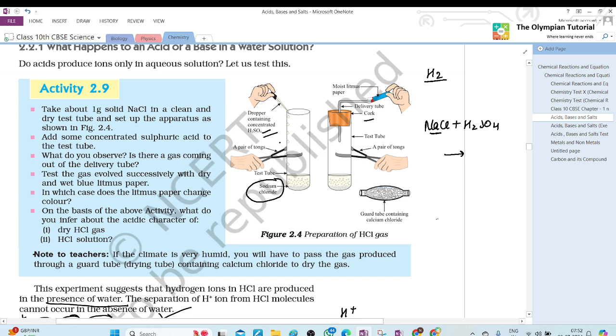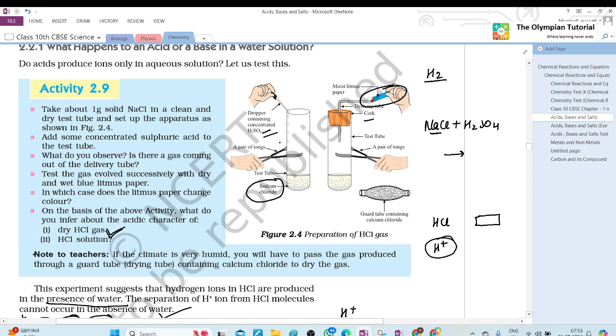Actually, what they want to say is, for any acid, when a drop is put on litmus paper, it will not show any color change. Only in one condition it can show color change, when hydrogen ion is released. So if the gas is dry HCl gas, there is no change in litmus paper.